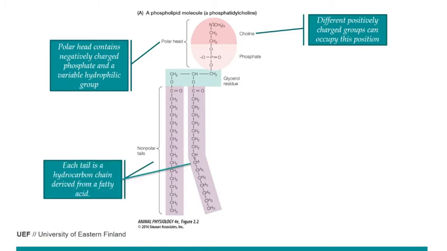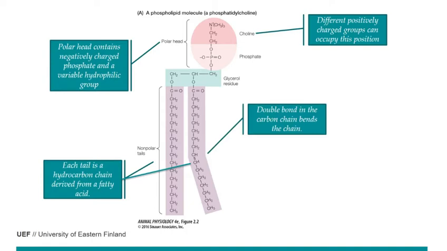And then on the other side, we have hydrocarbon chains that are derived from fatty acids, and they can have double bonds. If they have double bonds, it means the chain is bending permanently, and this phospholipid takes a little bit more space.